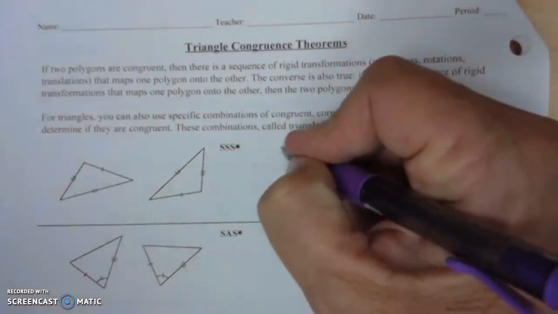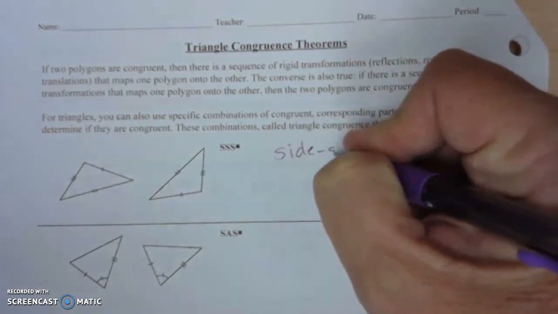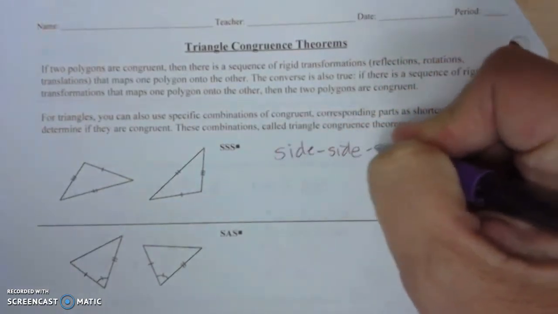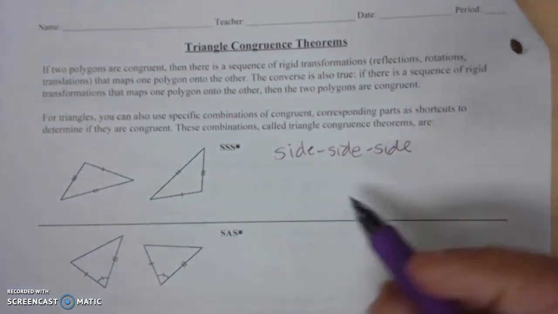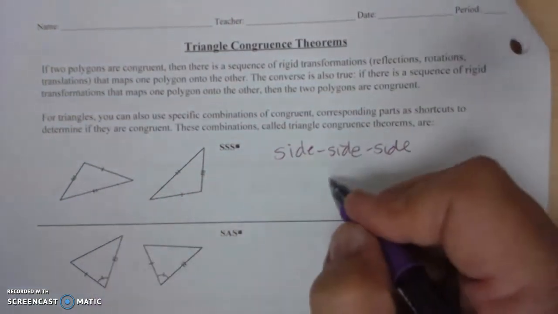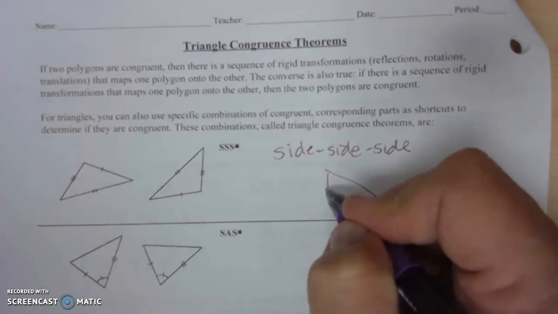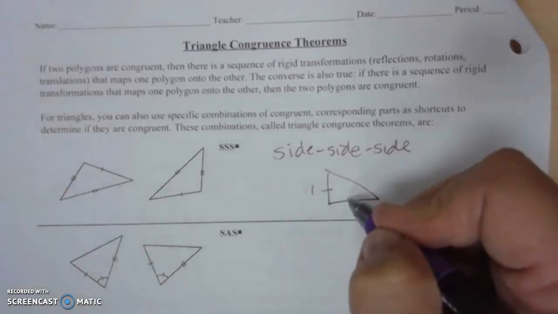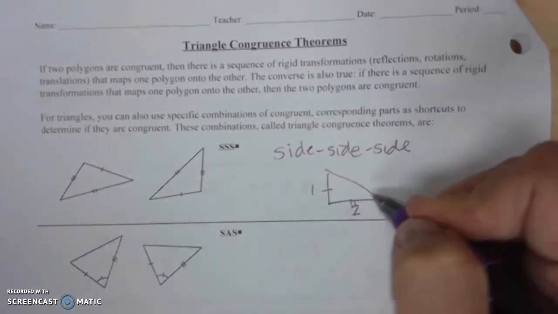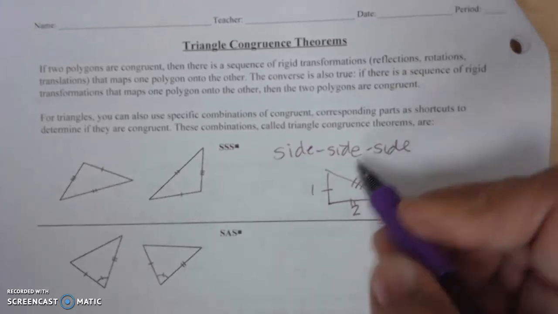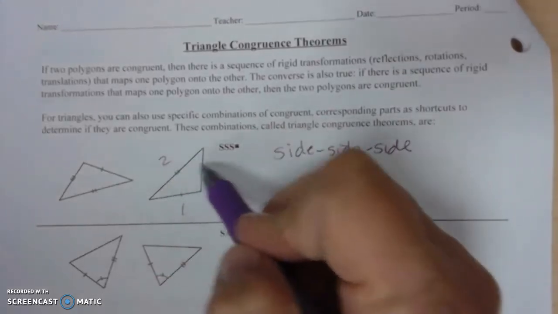So the SSS stands for side, side, side. So if you can prove that all 3 sides are the same, and when you do this, you can mark on one of them. So one side is the same, a second side is the same, and a third side is the same. I guess I could have just wrote 1, 2, 3.